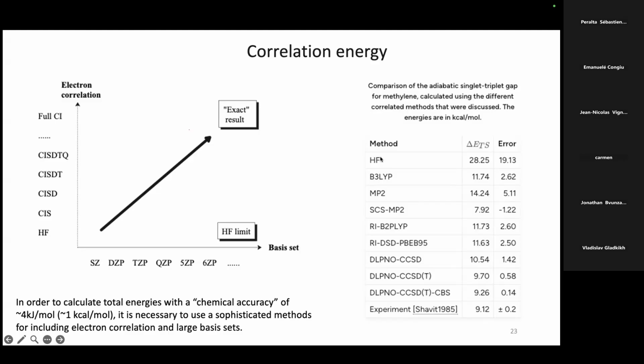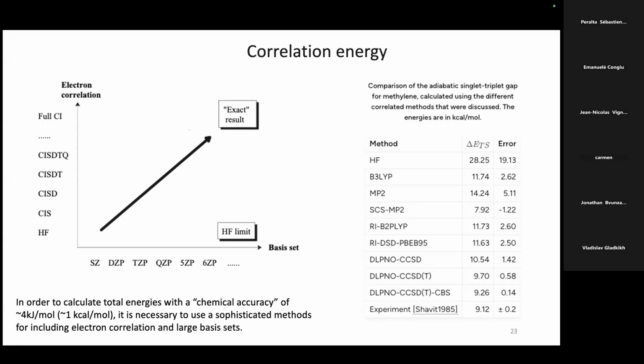Now in the Hartree-Fock method, the correlation energy, which is a quantum mechanical property, is not really described. The accuracy is very poor, and that's why the value is very far away from the experimental value. So you can see it is terrible.